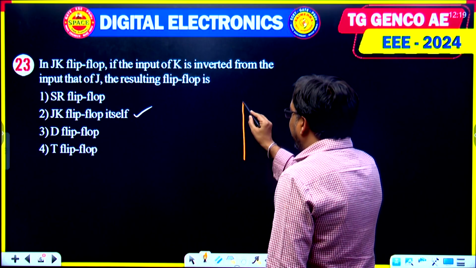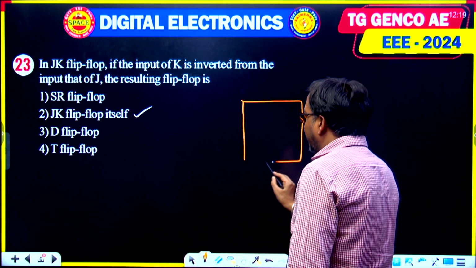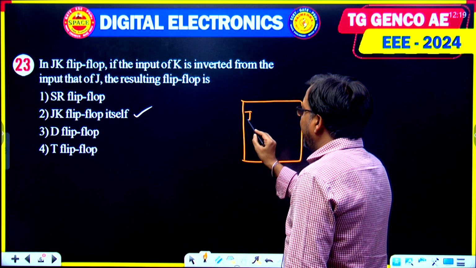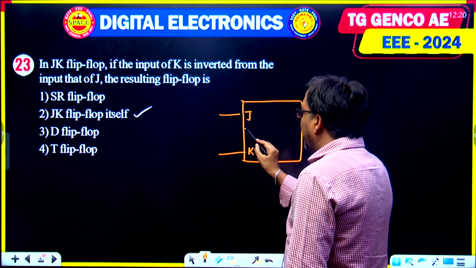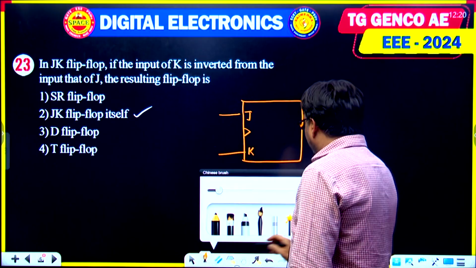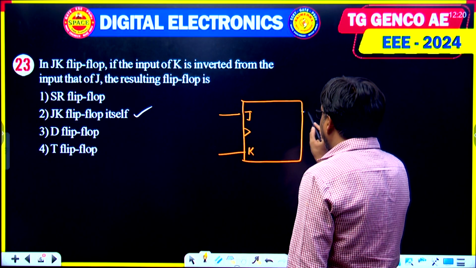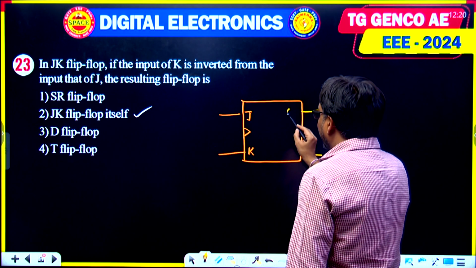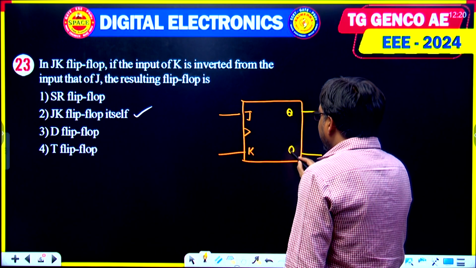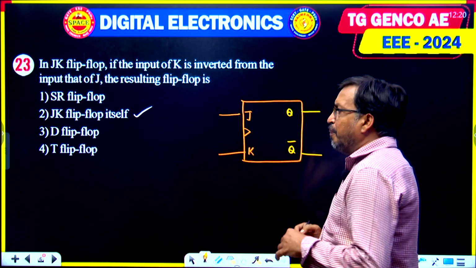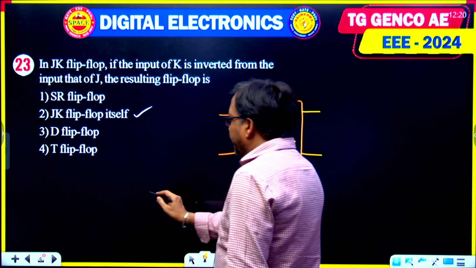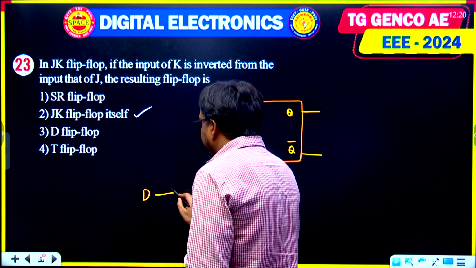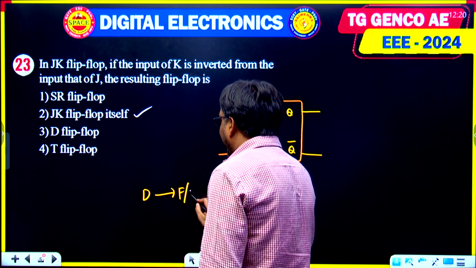This is a JK flip-flop. A JK flip-flop consists of 2 input terminals, J as well as K. The flip-flop is controlled by a clock signal, and it has 2 output terminals, Q and Q bar. See, here I am explaining 2 very important bits.